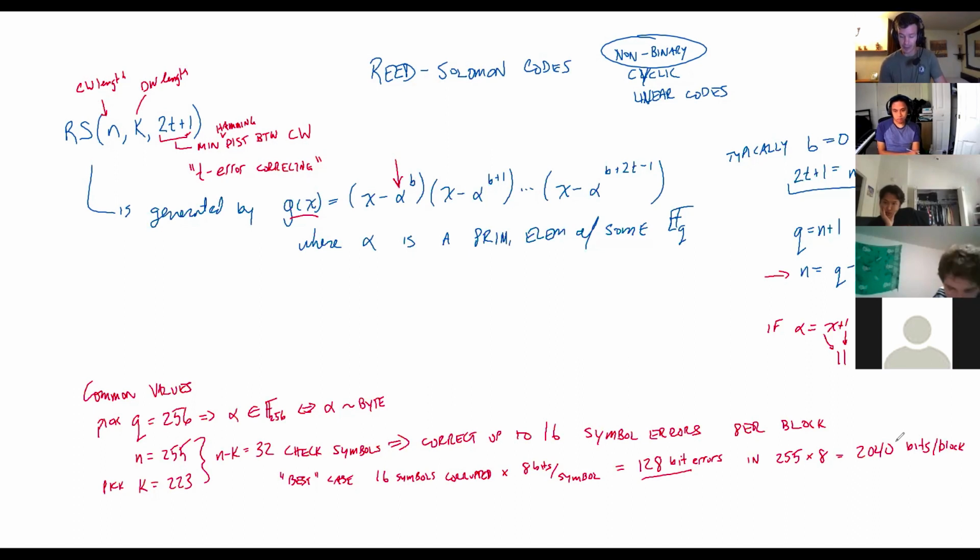Remember, a Hamming code can correct one error in n bits. So I think it would be an interesting exercise to see what rate Hamming code you would need to accomplish the same kind of bit error performance. But this is the best case because it assumes that all of our corrupted bits are in clumped symbols, right?